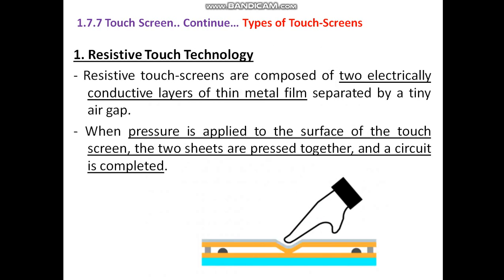The resistive touch screen panel is not affected by outside elements such as dust or water.